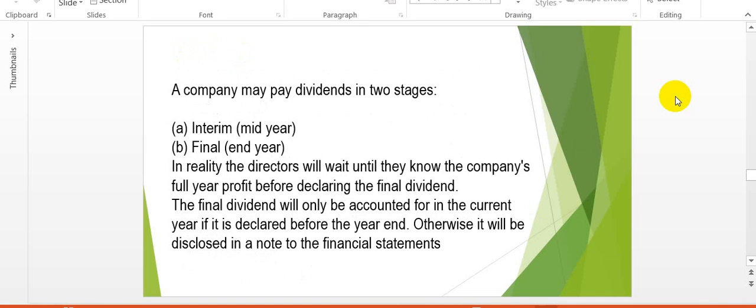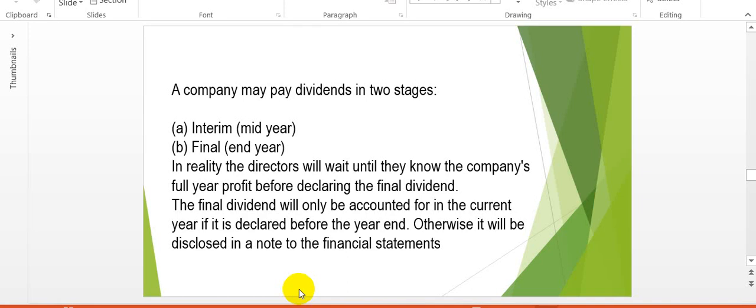A company may pay dividends in two stages. It may pay an interim dividend, which may be midway through the year, and the final dividend at the end of the year. So how do you treat these two types of dividends, the interim and the final? As a company, you want to declare the dividends at the end of the year when you know how your company has performed in a particular year.